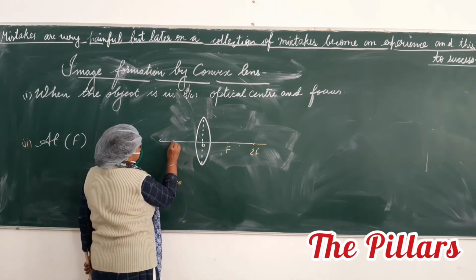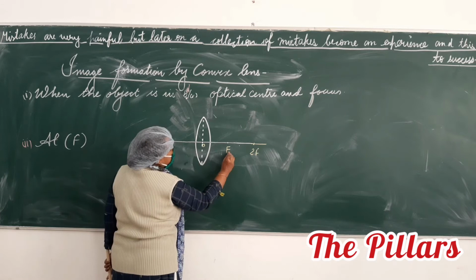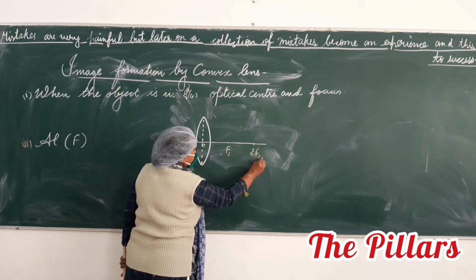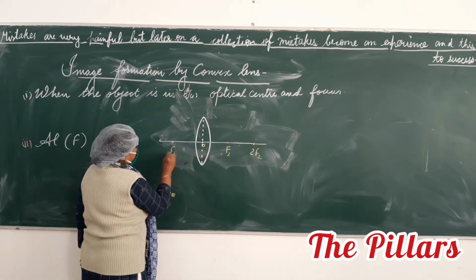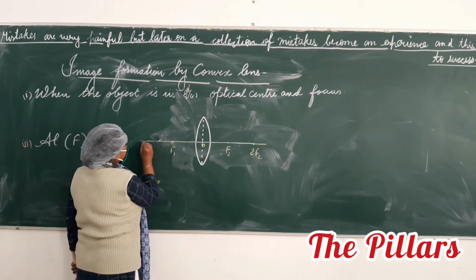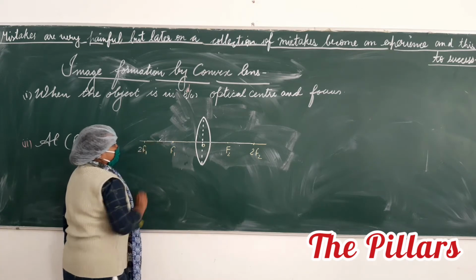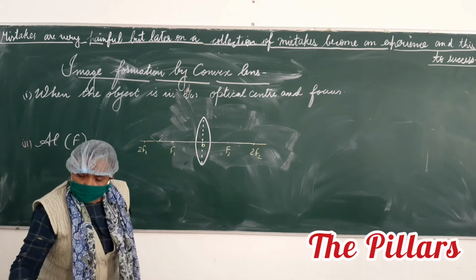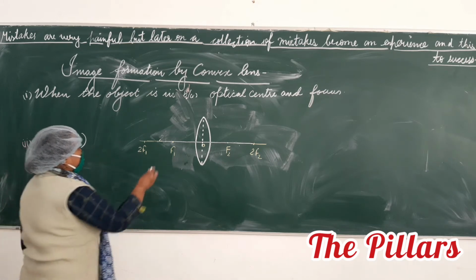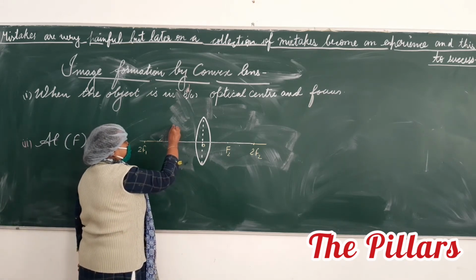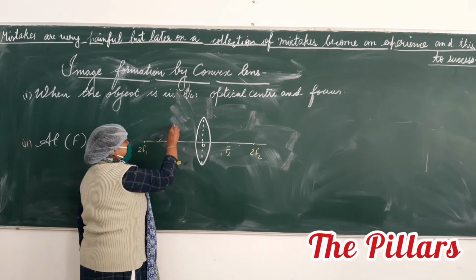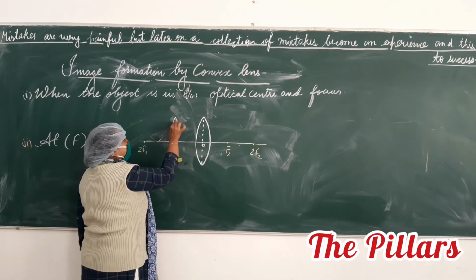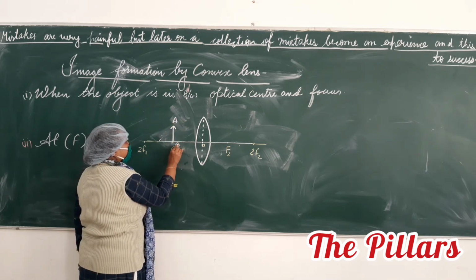And here you can write this is F2, no? This is 2F2. This is F1. And what about this? This is 2F1. Where is the object now? At F1. Clear? Yes, ma'am. A, B. Right?